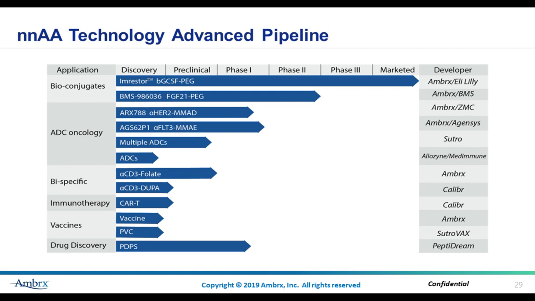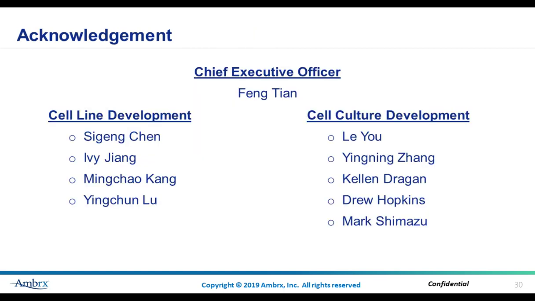EuCODE technology is the best-in-class non-natural amino acid technology. There are many pipelines currently in clinical research. If you are interested in EuCODE technology or the EuCODE Cell Culture Platform, please contact us.